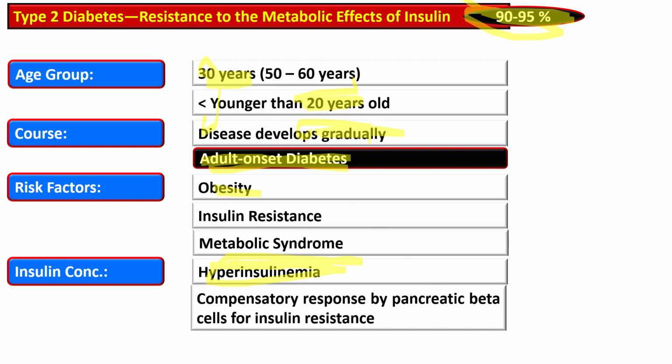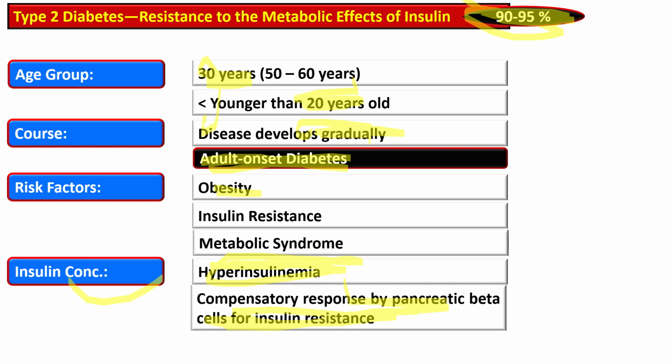Progression to diabetes begins with resistance to insulin. There is compensatory hyperinsulinemia, and then there is beta cell dysfunction that leads to hyperglycemia.